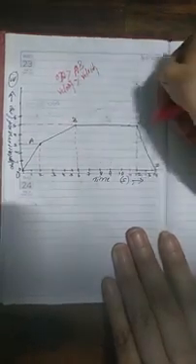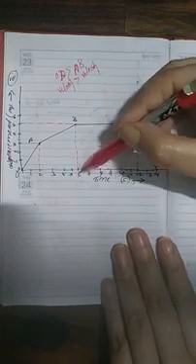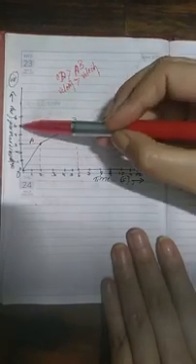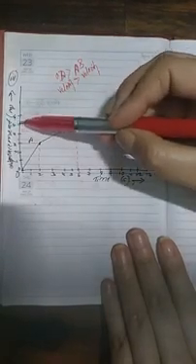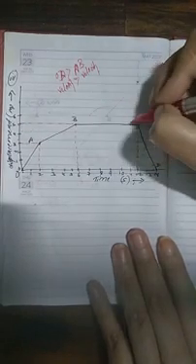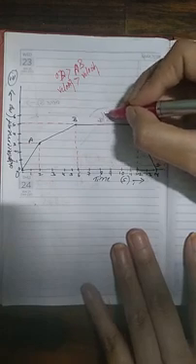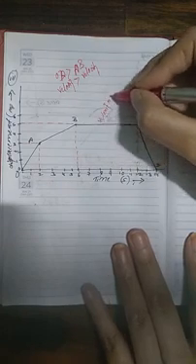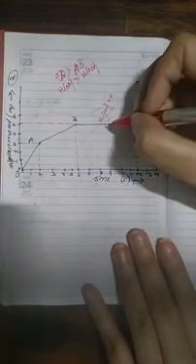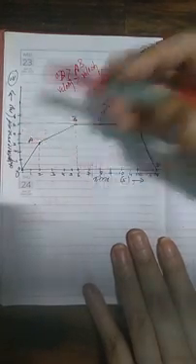And at this point, the time is increasing from 6 seconds to 12 seconds, but the object is at 5 meters. It is not moving higher or not going down. So the velocity at this point is fixed. The velocity is not changing, or velocity is 0. Velocity is 0 means the object is not moving at all. The object is at that exact point where the displacement is 5 meters.